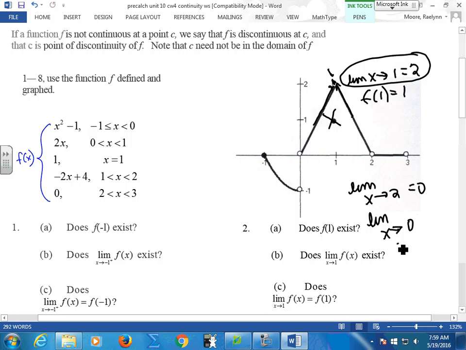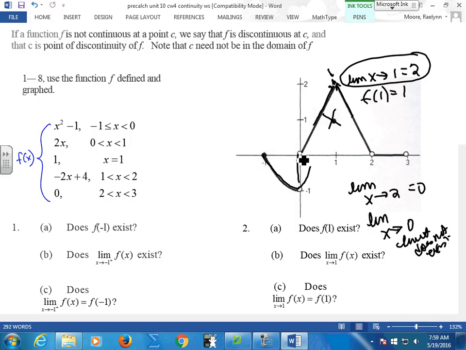The limit does not exist. Good. Because what is that? It's a jump. If I throw my pen around here and say, okay, can I fill this in and continue? No, I can't. I've got to pick my pen up and go up to here. That limit does not exist.